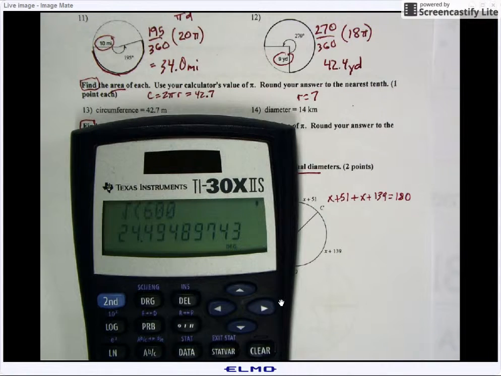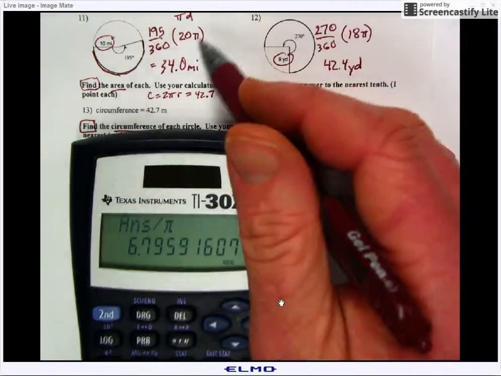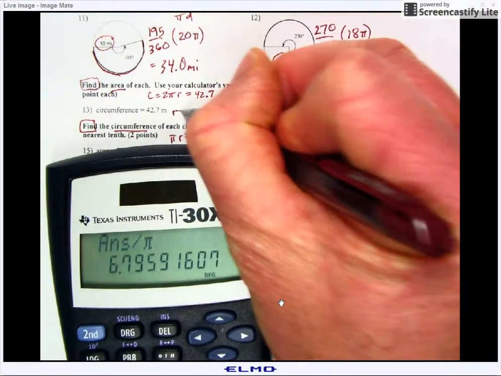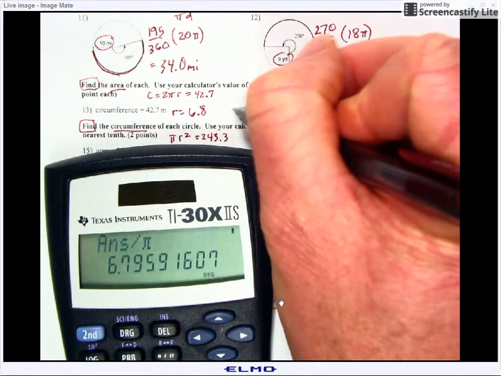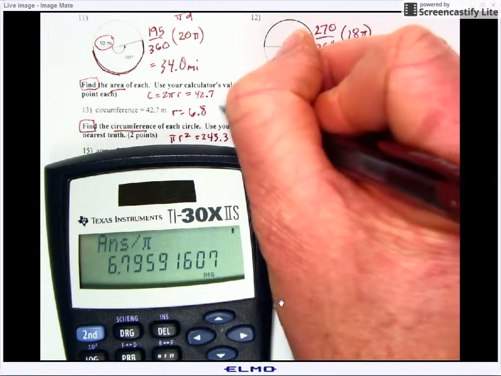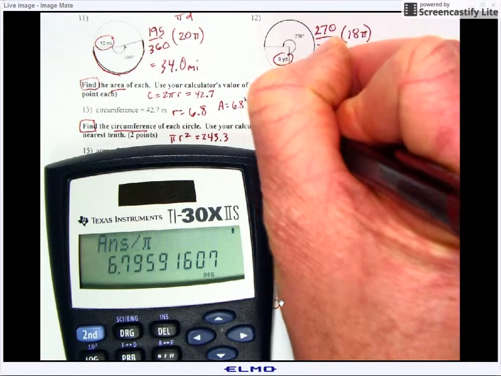I'm going to take 42.7 divided by 2, and then divide by pi. And that gives me a radius of 6.8. And then I can do pi r squared. So area equals 6.8 squared pi.